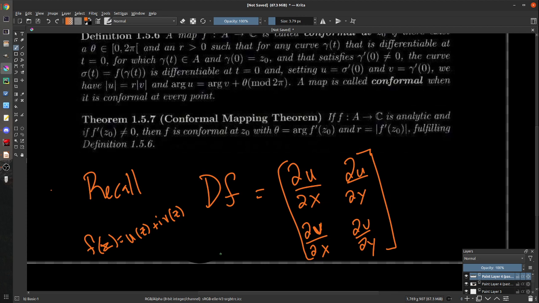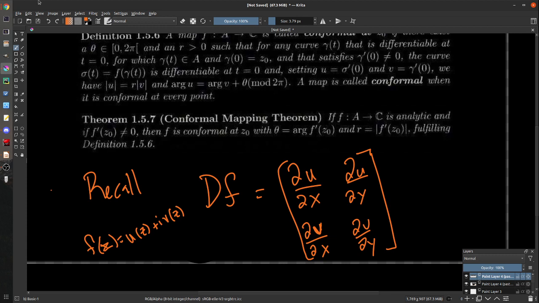This is the usual way of writing it, the real and the imaginary part of your function. This matrix of partial derivatives treats each of these u's and v's as functions of x and y, where z is x plus iy. They're functions of two real variables, and they spit out one real value.